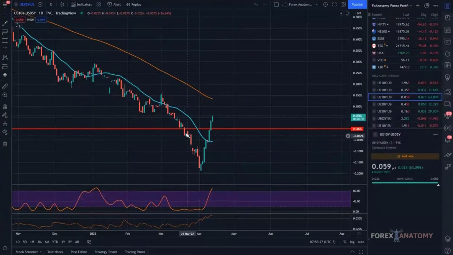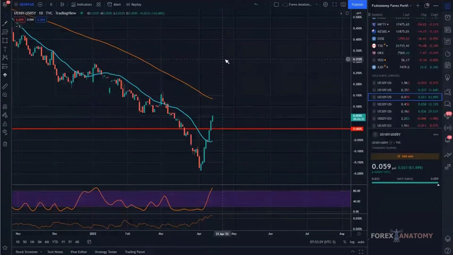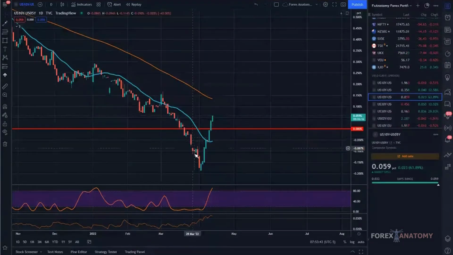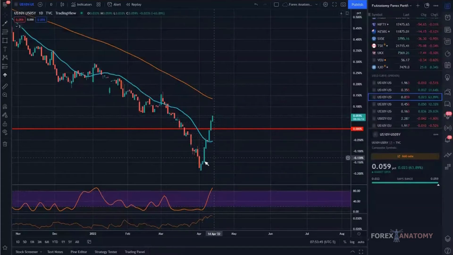So then the US 10-year, 2-year curve, and also the 10-year, 5-year curve, those were pretty much the only yield curve segments that really gave a sign of recession or were really in negative territory. But right now we're seeing that both of these yield curves have moved back into positive territory. They're starting to steepen. The spreads are beginning to widen.